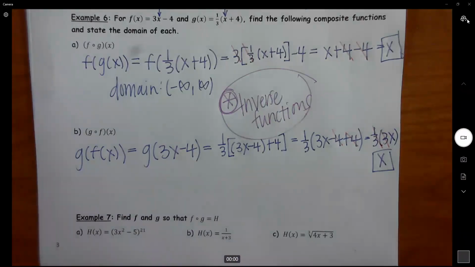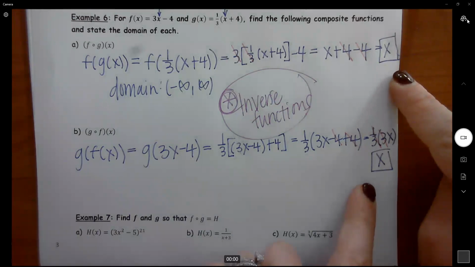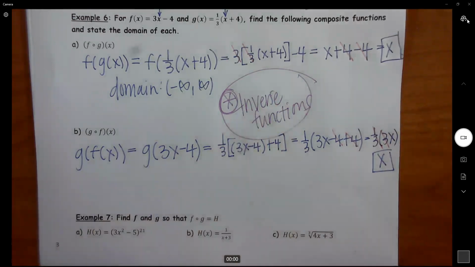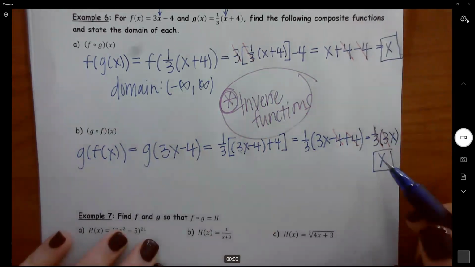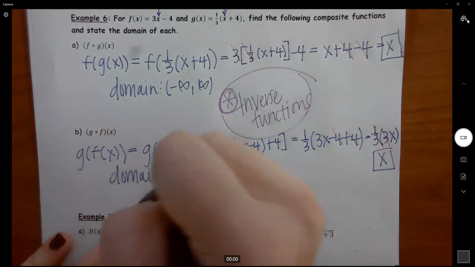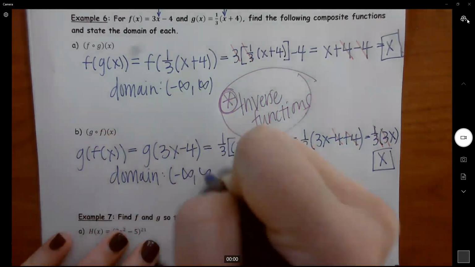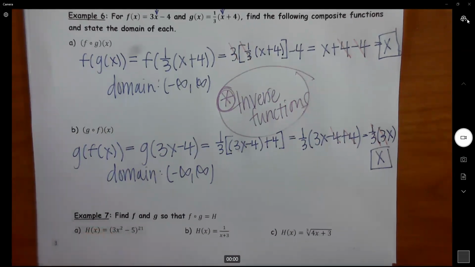This is what your next lesson is over. So hint here: when you have composite functions and they happen to be the same thing, this is a special circumstance where we get inverse functions, which is what the next lesson is all about. But just like up here, if we get x, then my domain is all real numbers because I have no limit as to what I can plug in there to x.